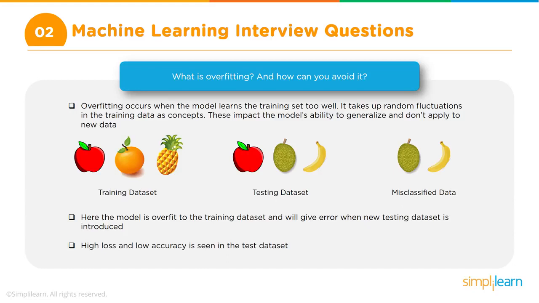But now when you get a fresh set which was not a part of the original one, what will happen? All the apples maybe it will be able to recognize correctly, but all the others like the jackfruit or the banana will not be recognized by the child. So this is an analogy, an equivalent of overfitting. During the training process it is able to reach 100% accuracy, or very high accuracy, and we call that very low loss.